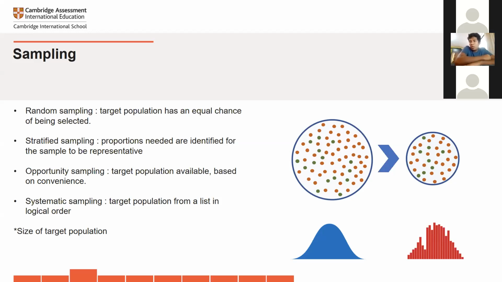We get 2 from one grade, 3 from another grade, 1 from another grade. That's random sampling. But systematic sampling might be out of a list of people, where we logically extract some of them. For example, we have the list of the 400 students, and we get number 1, number 11, number 21, number 31, in that systematic order. It's another way to do a random sampling, but systematically.